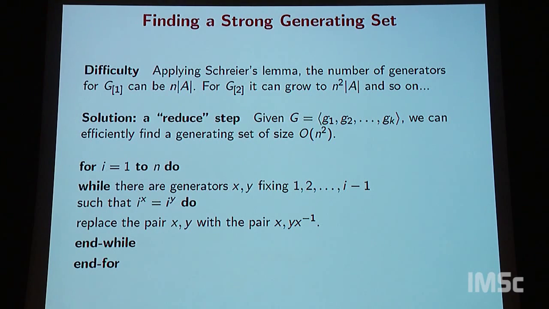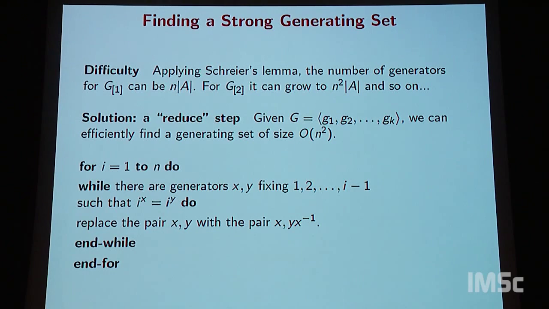Okay? So let's organize the entire generating set like that. So the bottommost layer contains elements which move the point 1. Now if two elements x and y move the point 1 to the same destination, which will happen if the number of elements in the bottommost layer is more than n minus 1, then I simply replace the pair x, y with x, y x inverse.